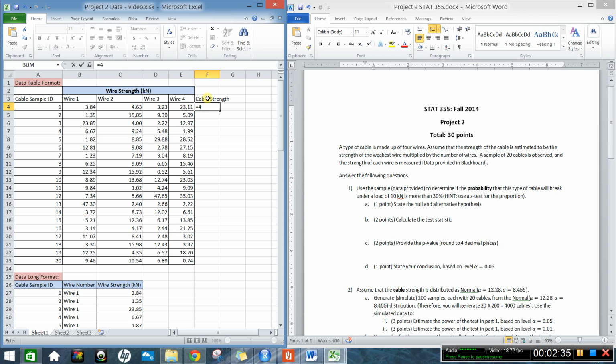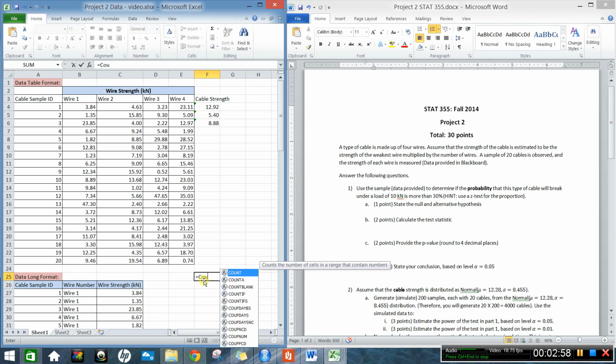You remember it equals 4 times the min of the 4 wires. Okay? So drag that down for all of the wires, so you'll have 20 cable strengths. And then you'll estimate the probability of breaking. Again, you already did this in Project 1.